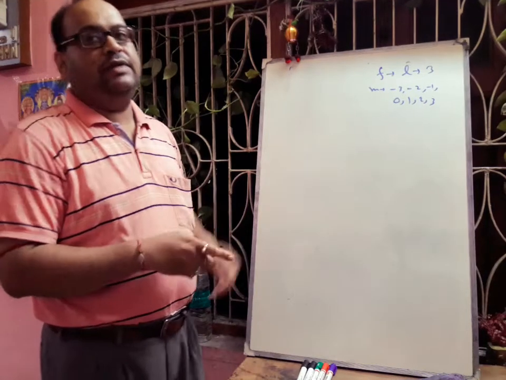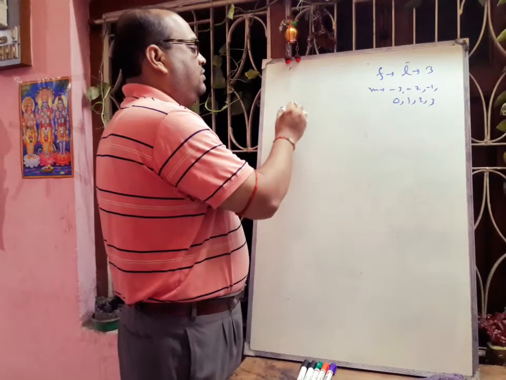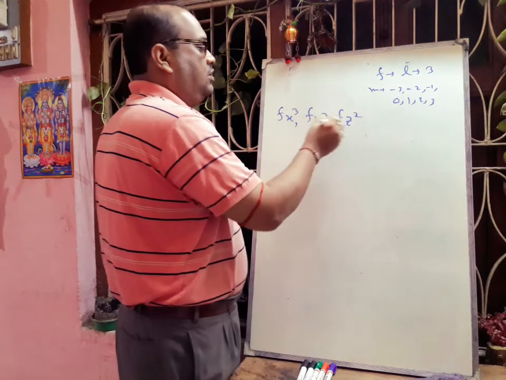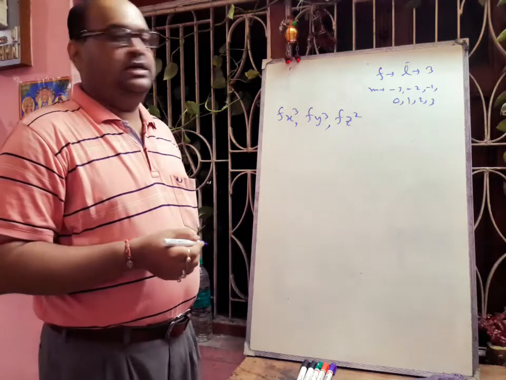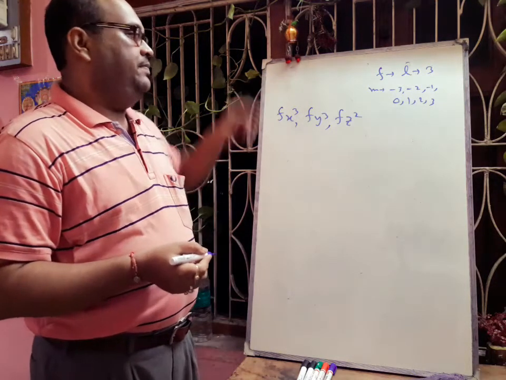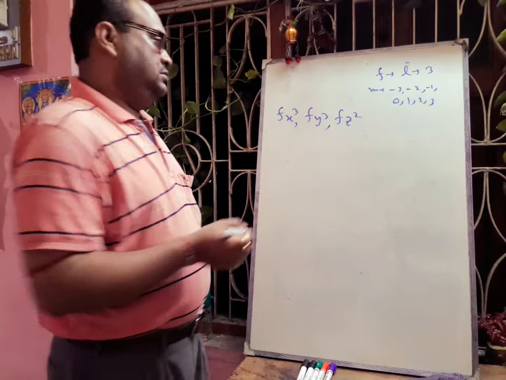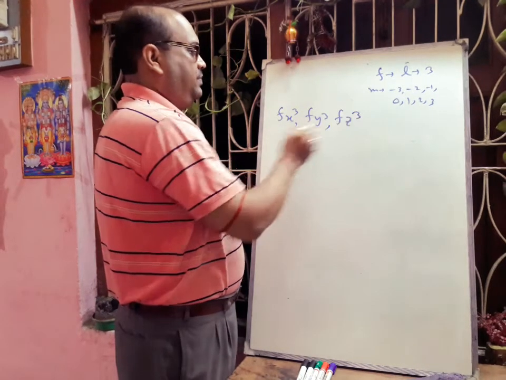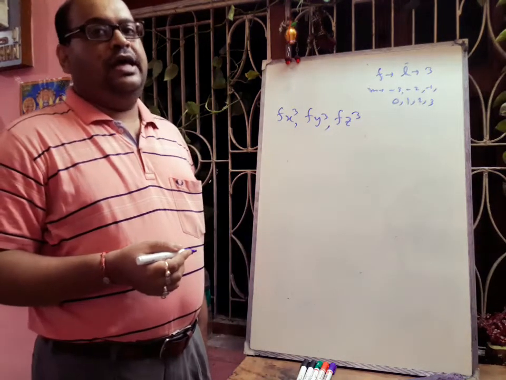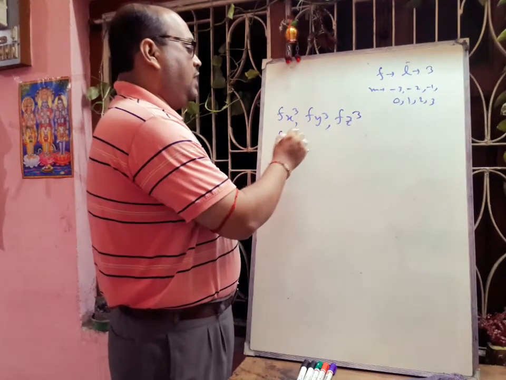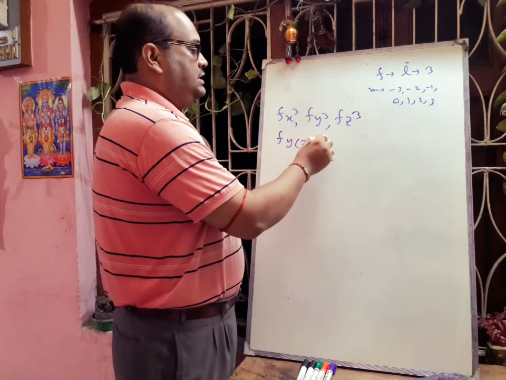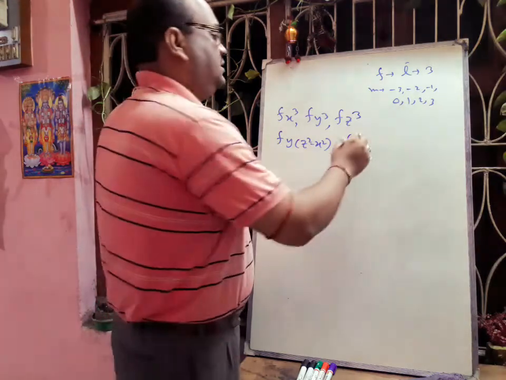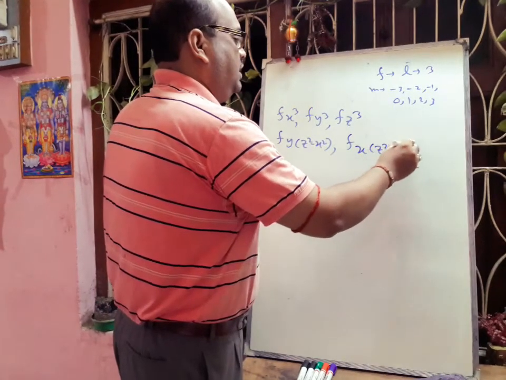Now the types of f orbital we can write here: fx cube, fy cube, fz cube. These are 3 of the f orbitals. Next there will be fyz square minus x square. Next fxz square minus y square.